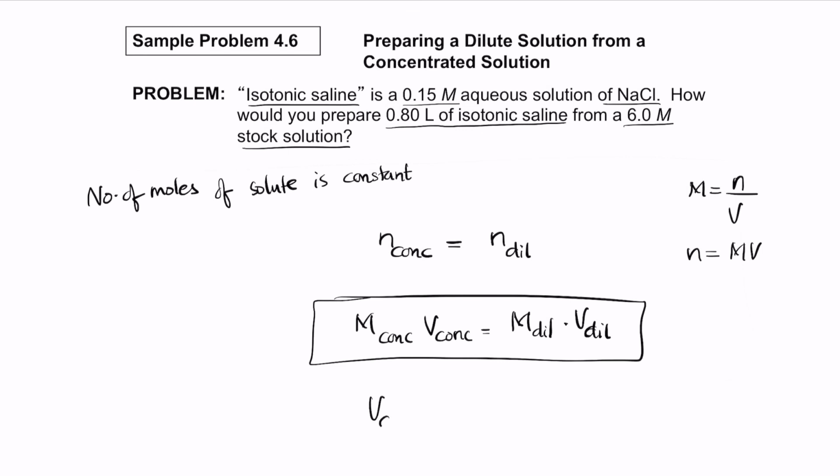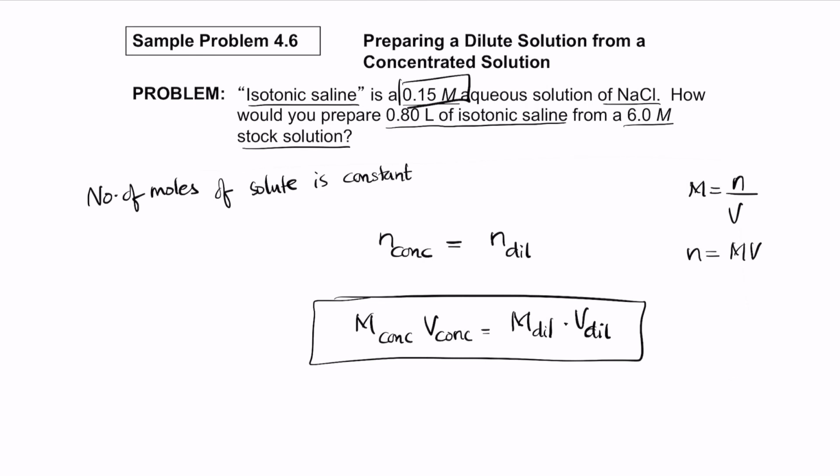Here we are finding the volume of the concentrated solution because the dilute solution's molarity and volume are given. They are asking how you would prepare 0.80 liter of isotonic saline from 6 M stock solution. So the stock solution is the one that we are looking at. They are asking you for 0.80 liter of isotonic saline of 0.15 M NaCl.